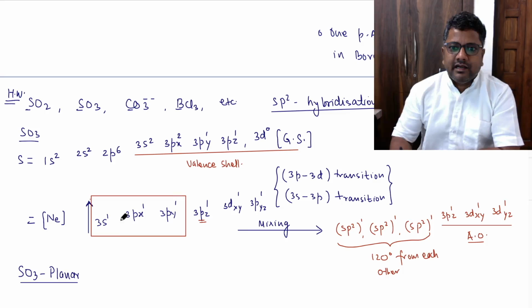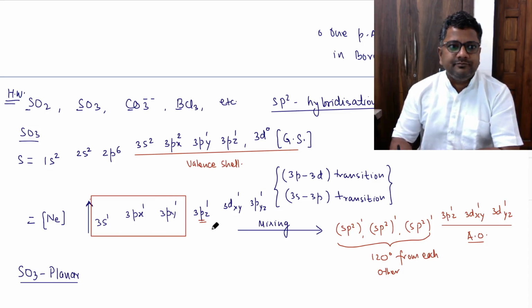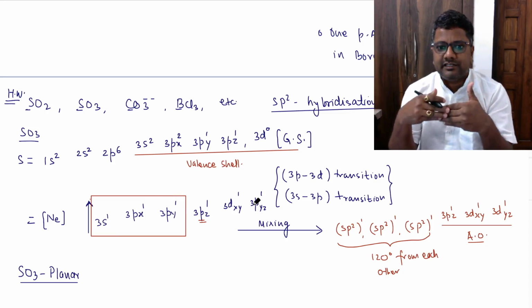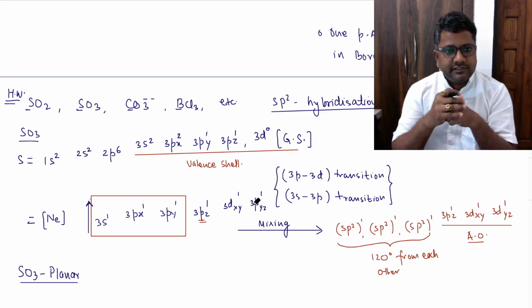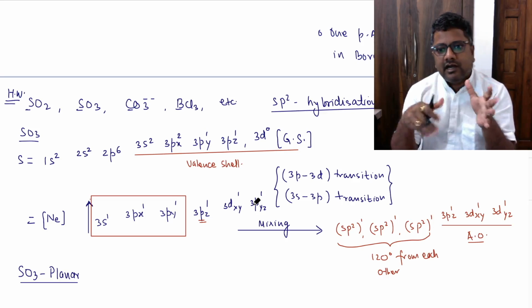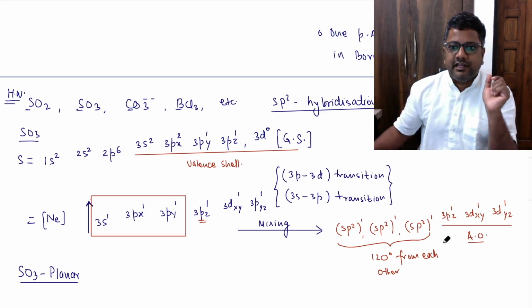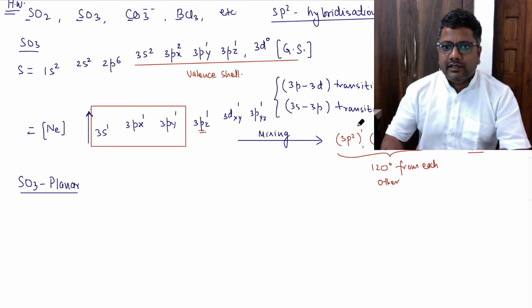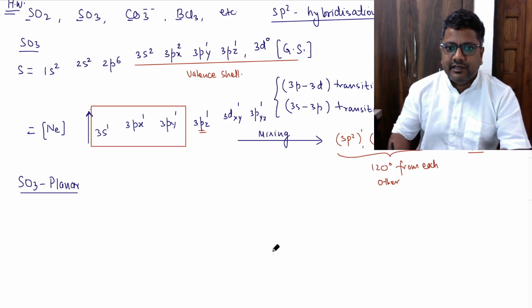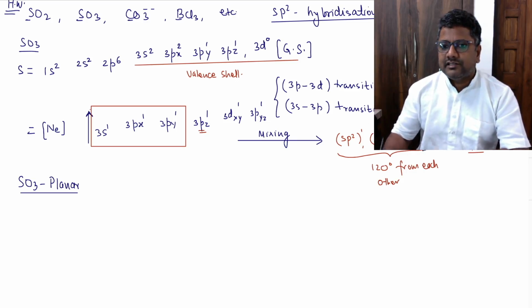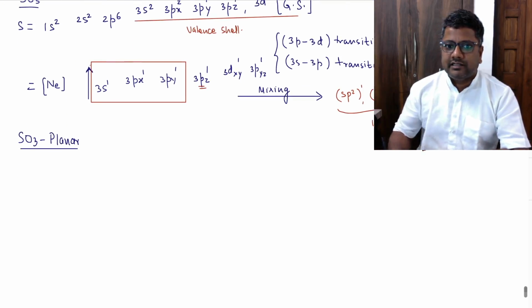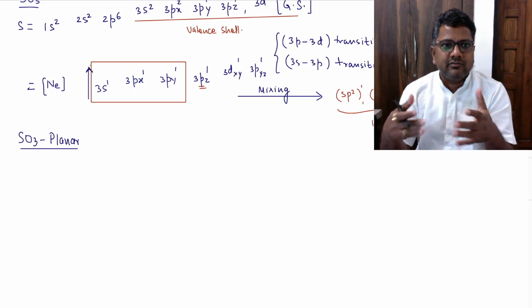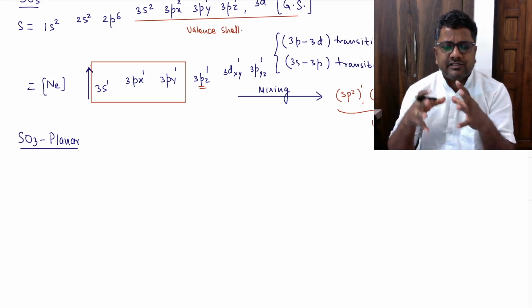Now see how many orbitals sulfur had before mixing: 1, 2, 3, 4, 5, 6. So before mixing, sulfur also had 6 orbitals, but all 6 were atomic. Now it has 6, 3 hybrid and 3 atomic. I'm not going to draw these orbitals here, because all these orbitals are sigma, and drawing 6 orbitals around the center would be a very cumbersome structure.